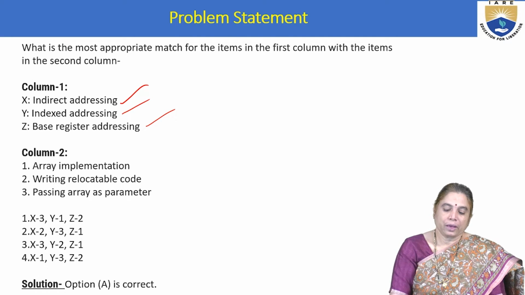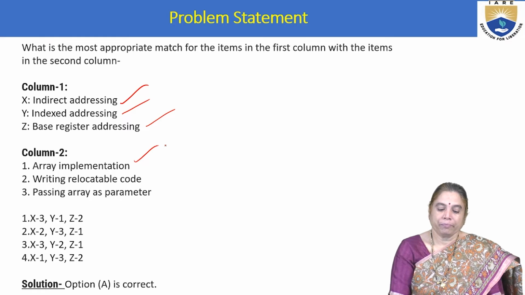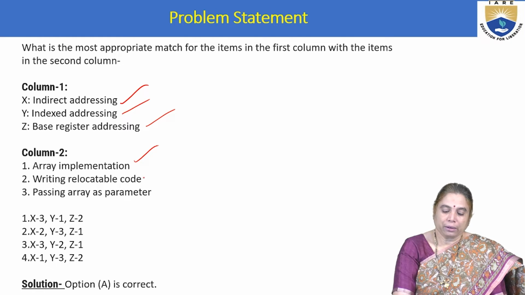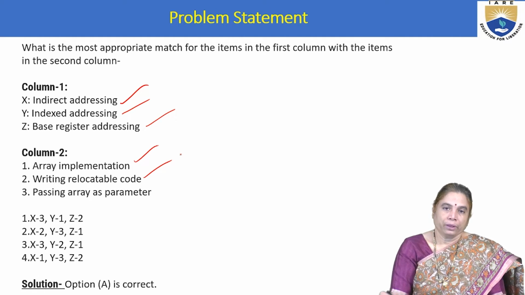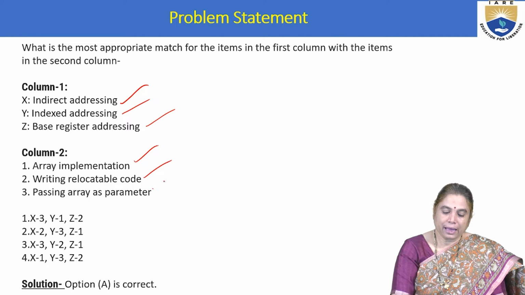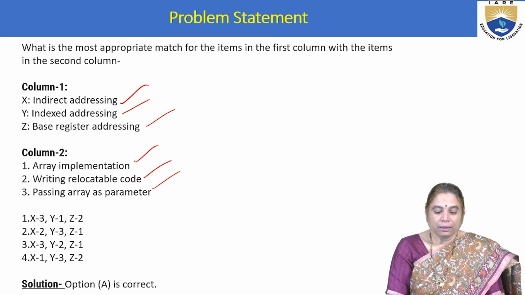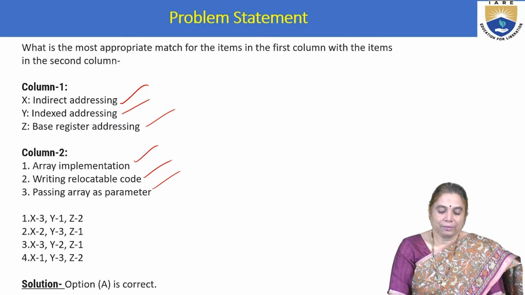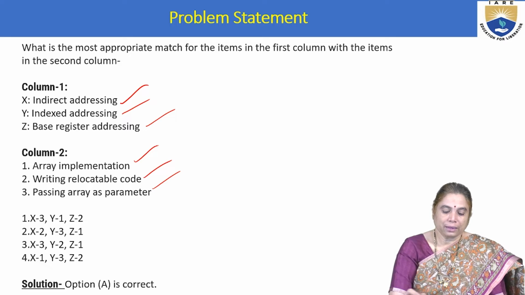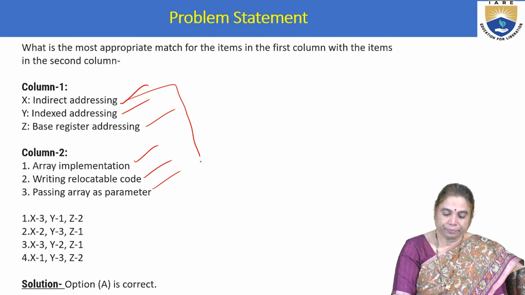Column 2 options are array implementation, writing relocatable code, and passing array as parameter. So here, for indirect addressing mode, passing the array as the parameter is the correct option.